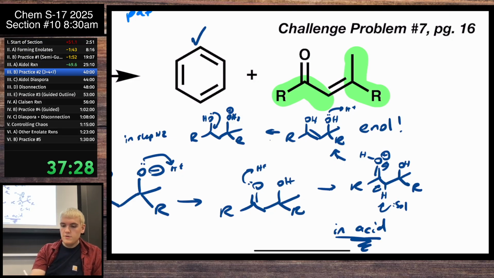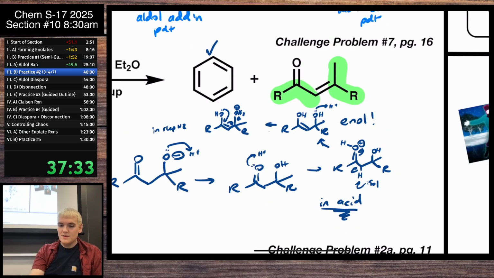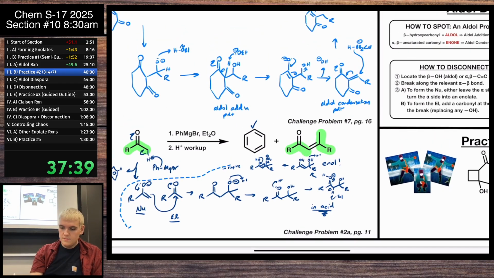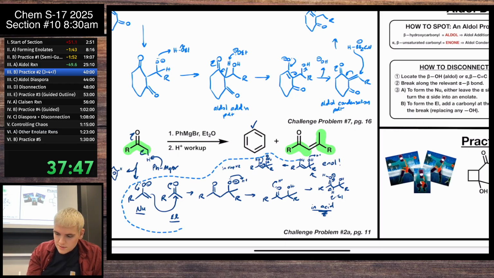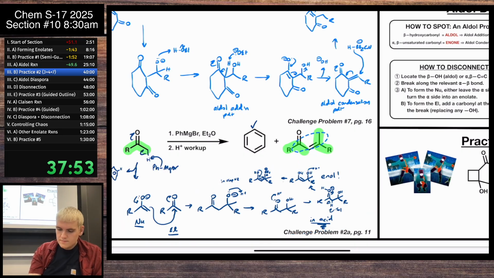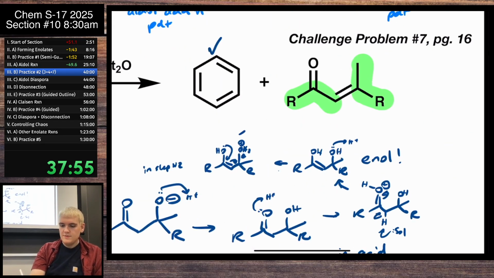So, we would push down, push over, and kick off. And we would be so close to the product. And then we just would have a last step: right now, our carbonyl is protonated, and we would just want to deprotonate it.